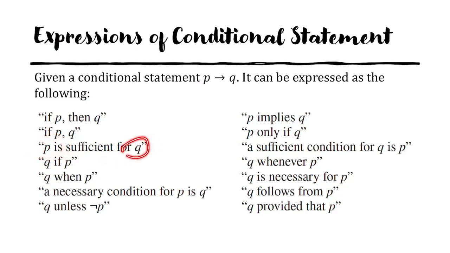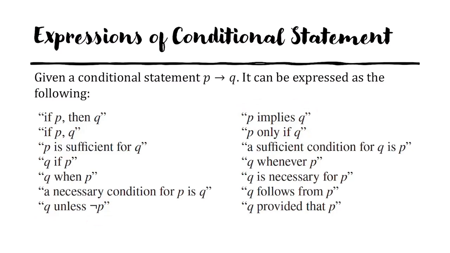Now if P did not happen, then you don't know about Q. Now you can also have Q if P, and P only when Q, and a necessary condition for P is Q. And Q unless not P, and we can have P implies Q, P only if Q, a sufficient condition for Q is P, and then Q whenever P, Q is necessary for P, or Q follows from P, Q provided that P.